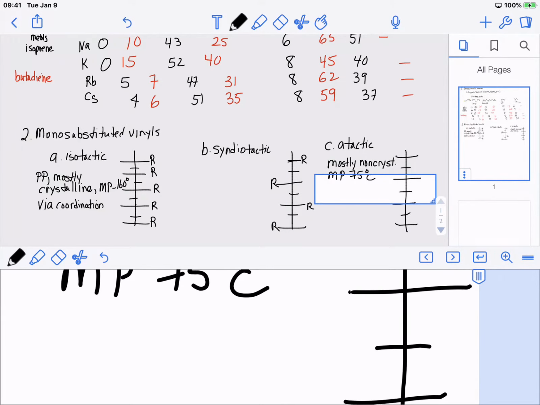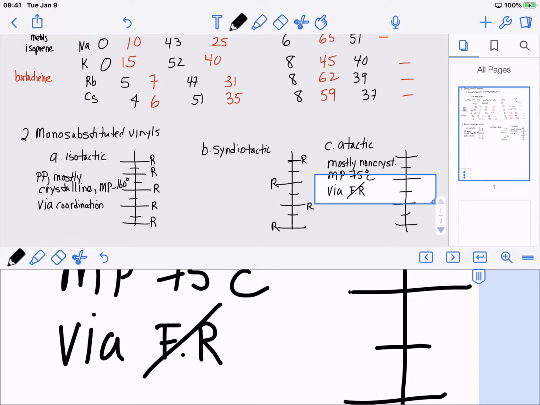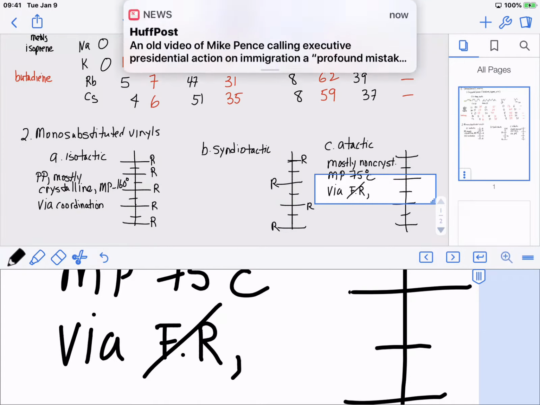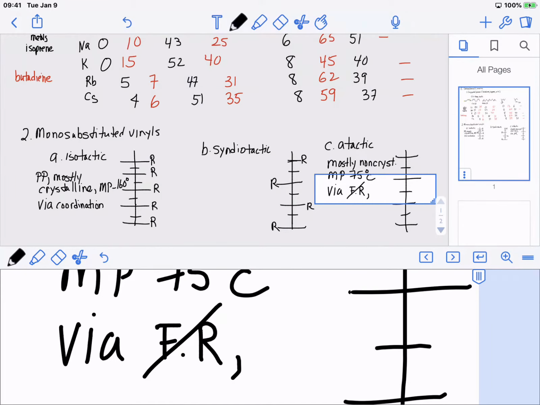And this is what you would get via free radical. But I'm going to cross that out, because you only get oligomers, but the oligomers tend to be mostly non-crystalline anyway.